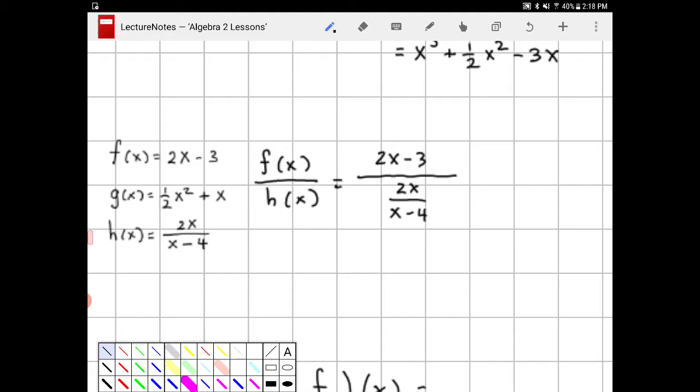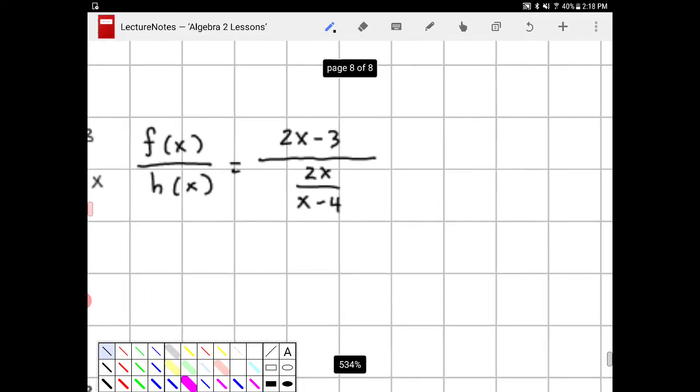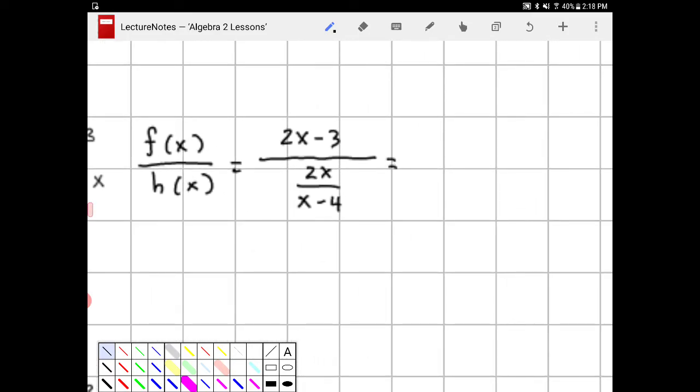The denominator is a fraction, but that's okay, because we know how to divide fractions. 2x minus 3 technically is over 1. When we divide fractions, we flip the fraction that's underneath, and then it becomes a product. So this is times x minus 4 over 2x.